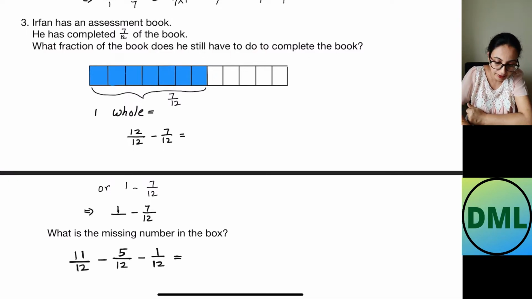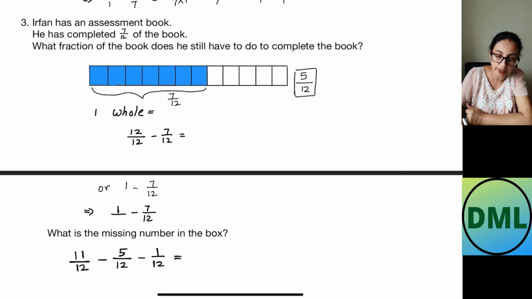So how many parts are left? 1, 2, 3, 4, 5 parts are left. I need to represent these 5 parts in the form of a fraction. How do I represent that? Total number of parts 12. Out of that, how many parts are unread? 5 parts are unread. So this will be my answer.